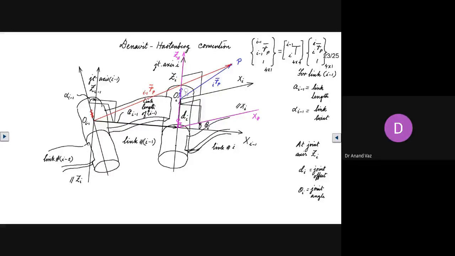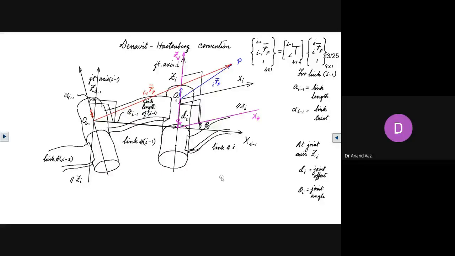So we'll construct this transformation matrix, which is relating the frame I to frame H. It's a pure translation.